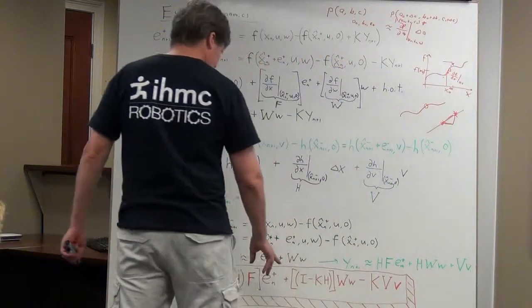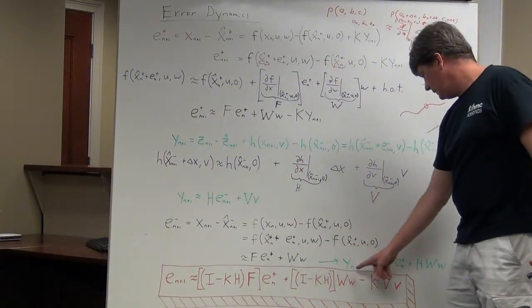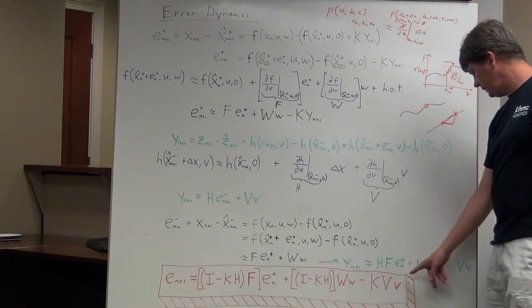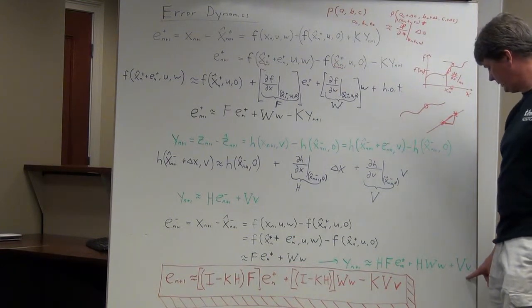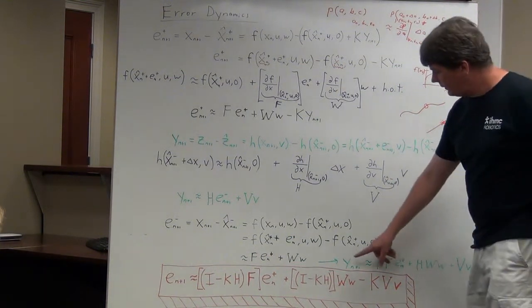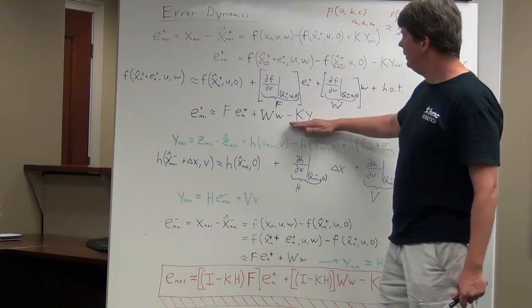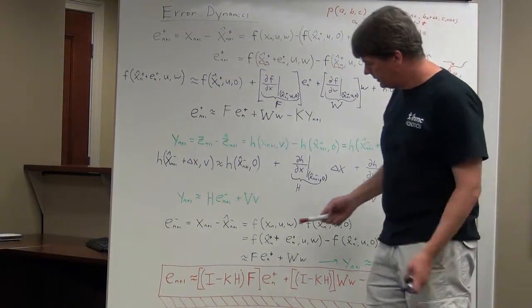Okay. So then you plug that into y n plus 1 to get that y n plus 1 is approximately H times F times e n plus H times big W times little w plus big V times little v. And then finally plug that y back up here for the next error dynamics.